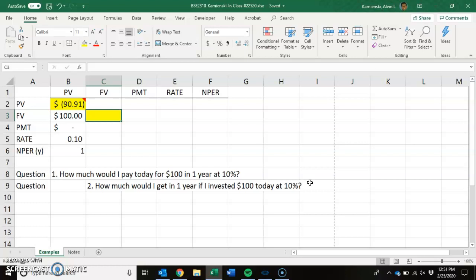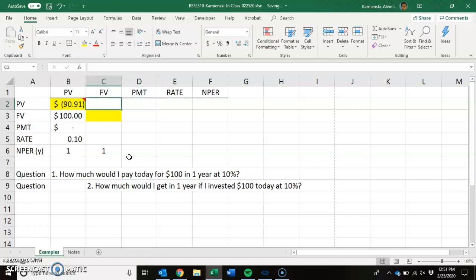All right. So, FV, how much would I get in, again, 1 year? I'm going to center those. I just think it looks better. If I invested $100 today, aha.